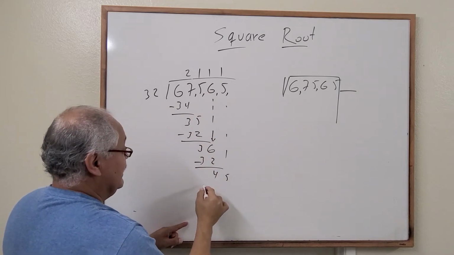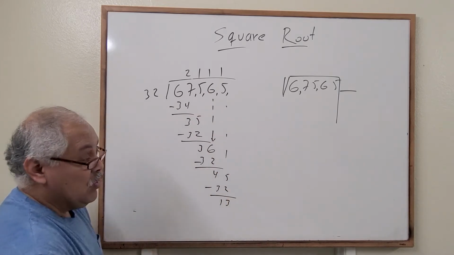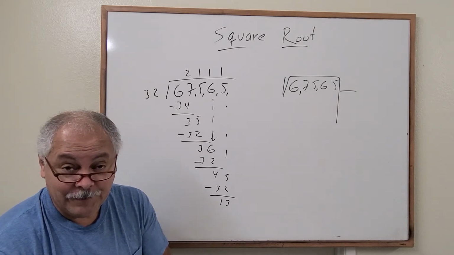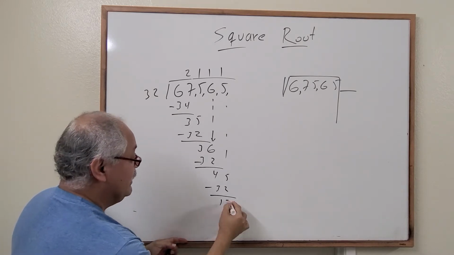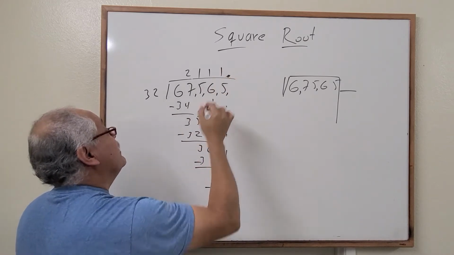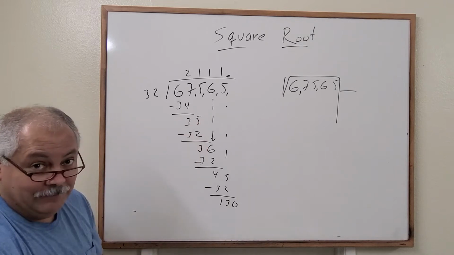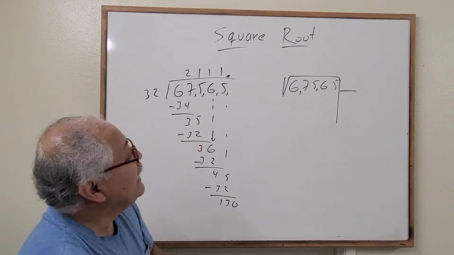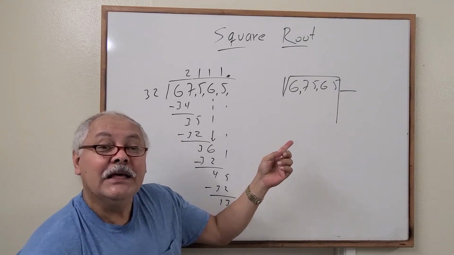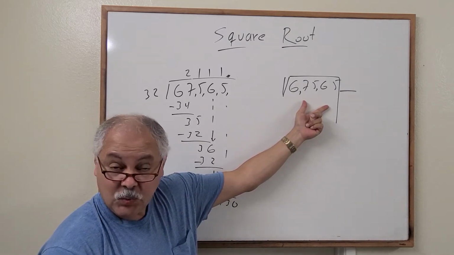Negative 32 is going to be 3, it's going to be 1. If we want to find decimals, remember we add a 0, we take the decimal point right here, and we continue in that way.